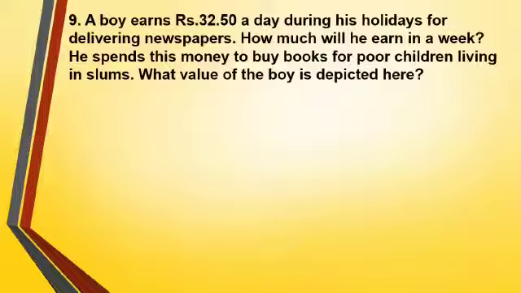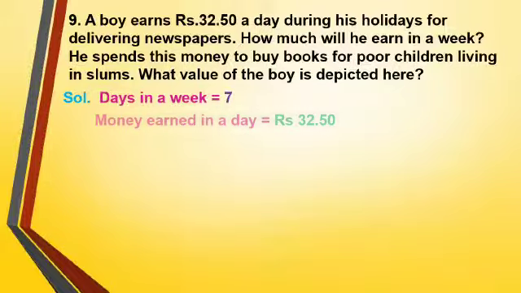So, according to the question, the money earned by the boy in a day is given, and we need to find the money earned by him in a week. We know that the days in a week are equal to 7. Money earned by him in a day is equal to rupees 32.50.